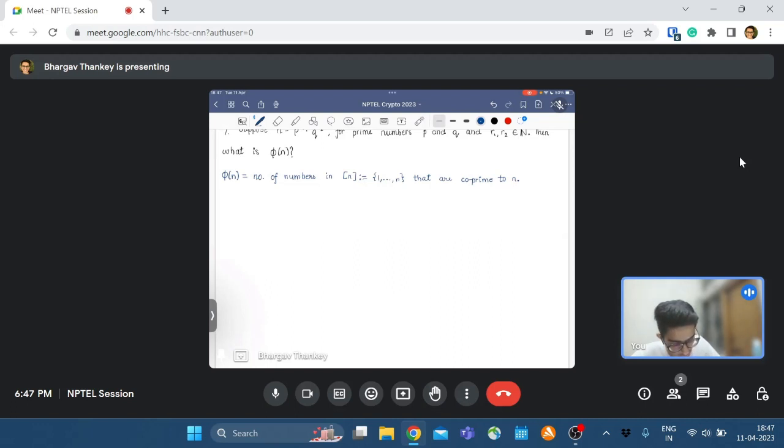So this is equal to n, that is the size of this set, minus the number of numbers a such that GCD of a and n is not equal to 1. That is, all the numbers which are not co-prime to n.